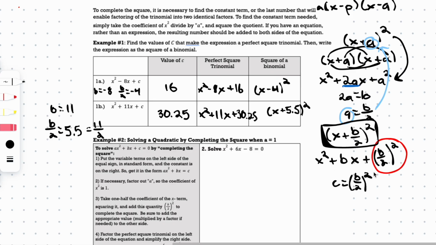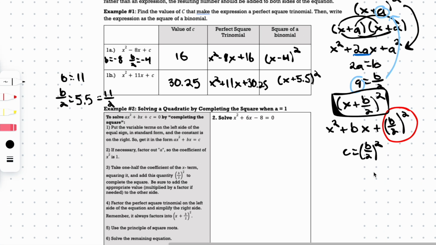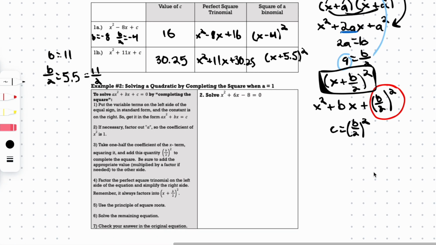But now we're going to actually use that to solve a quadratic. When we're solving a quadratic by completing the square, we want our left side to be a perfect square trinomial, something that looks like this.